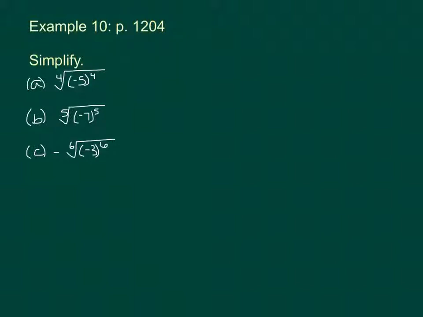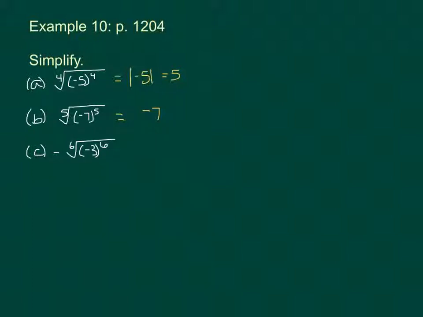In example 10, simplify the following radicals. So the fourth root of negative 5 to the fourth, that is an even index. So we're going to take the absolute value of negative 5, which is 5. Then on B, it's an odd index, so when it's odd, I don't need the absolute value sign, so it's just going to be negative 7.